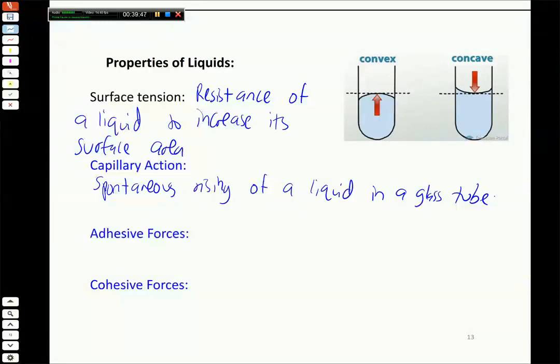These different properties in liquids are caused by two different types of forces: adhesive and cohesive forces. The adhesive forces are the force of attraction between the liquid and the container that it's in.